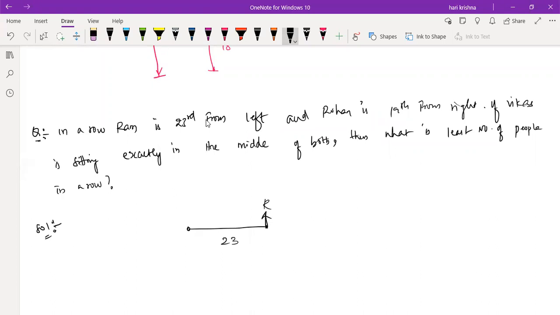So take exactly between this one now, this is Ram and this is Rohan. You have taken the least number of people, right? So if you have taken Rohan from the right.